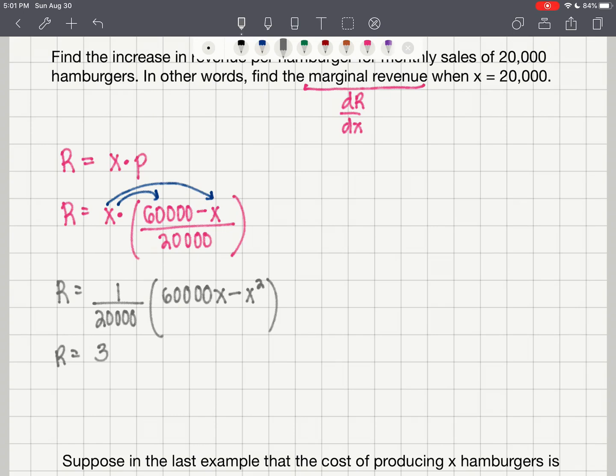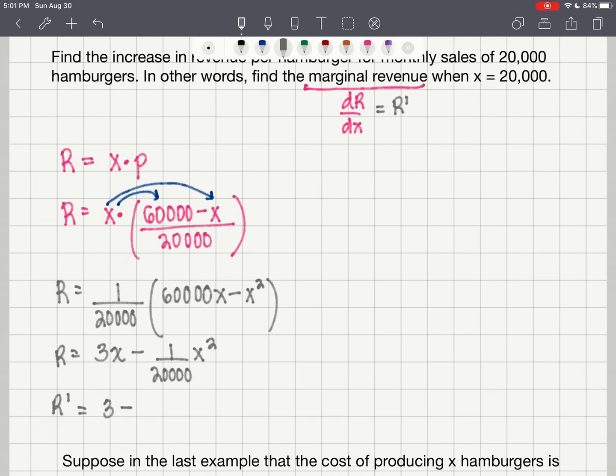I think I get 3x minus 1 over 20,000 x squared. And then we take our derivative. And notice how I'm just writing the derivative with the prime. This is the very first time I'm doing that. That's the same thing as this. I've been meaning to do that a little bit sooner.